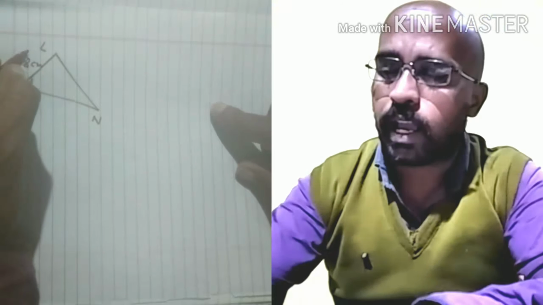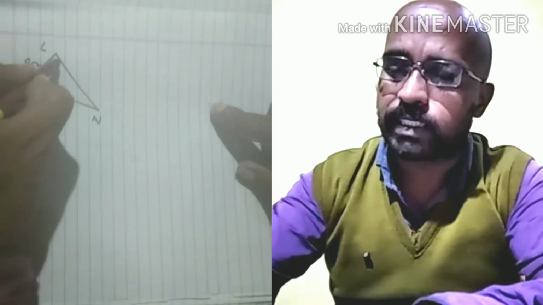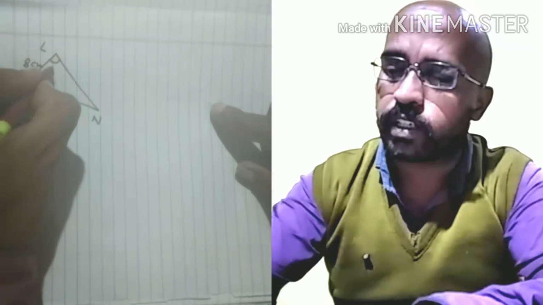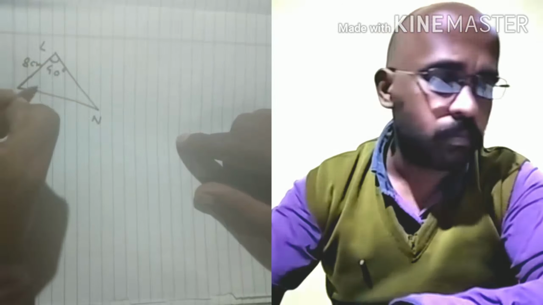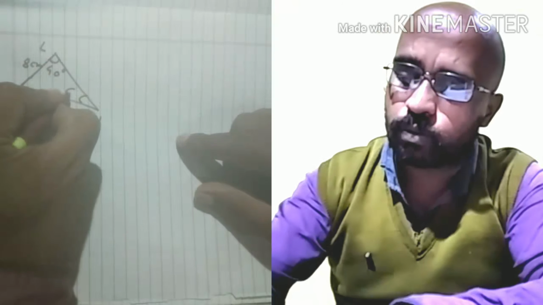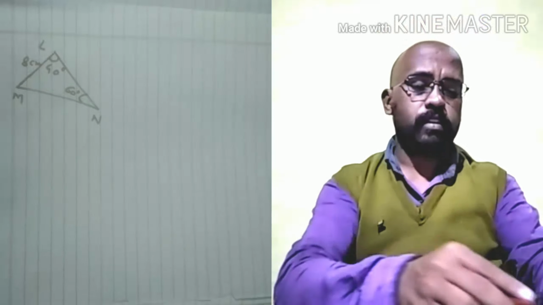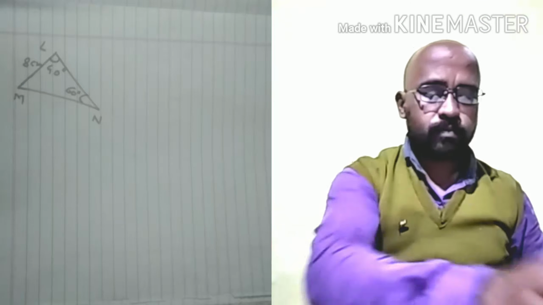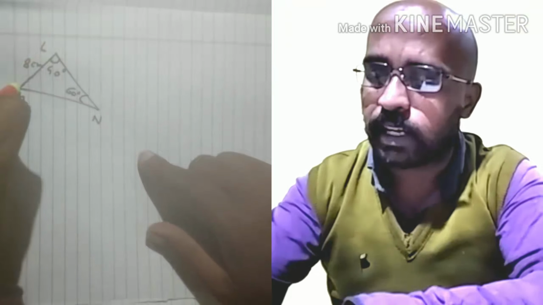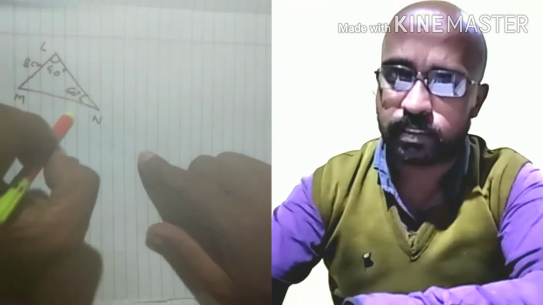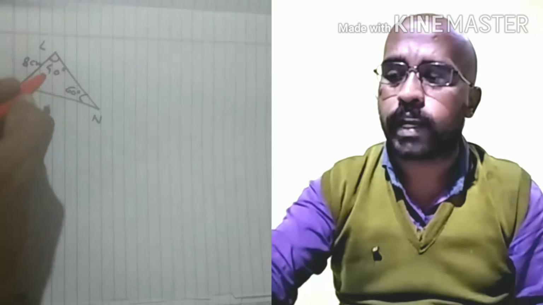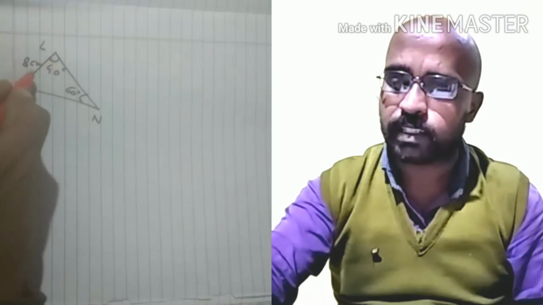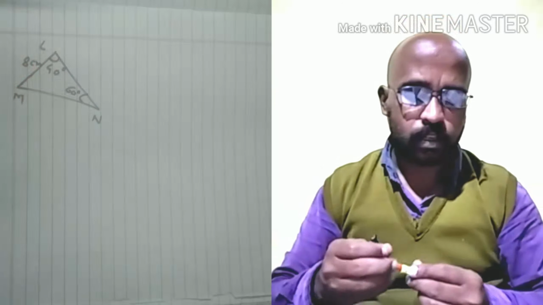Angle MLN means this angle is equal to 40 degree. Angle LNM means this angle is equal to 60 degree. See students, this side is given, this angle is given, and this angle is given, and we know how to construct a triangle if two angles and the side between them is given.